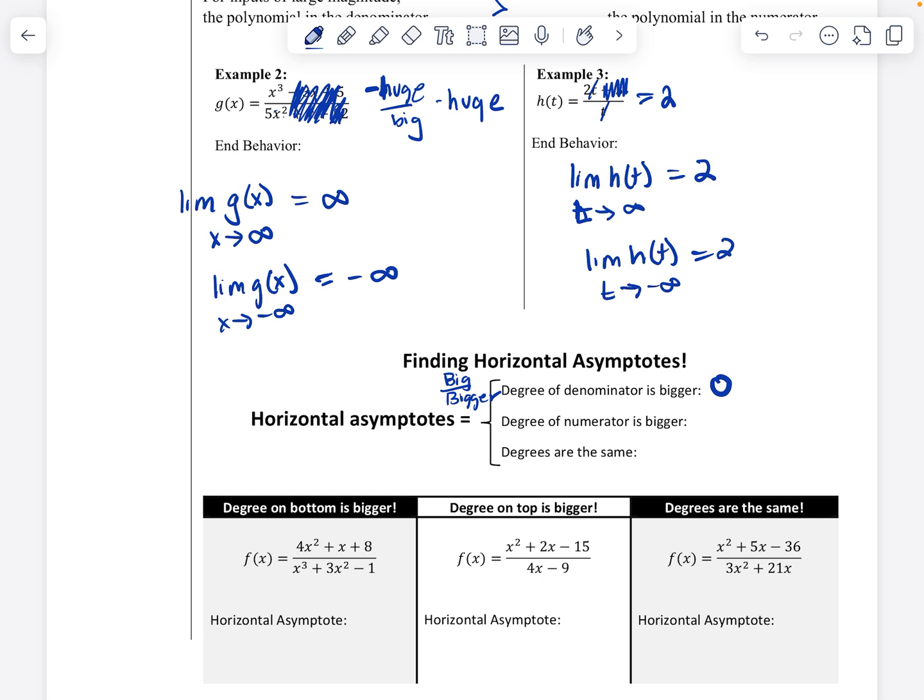If the degree of the numerator is bigger, then we have a bigger over a big number, so it's still going to be big, infinity or negative infinity. And if the degrees are the same, we have a big over a big, so maybe if it's 2 big over 3 big, we look at the leading coefficients.